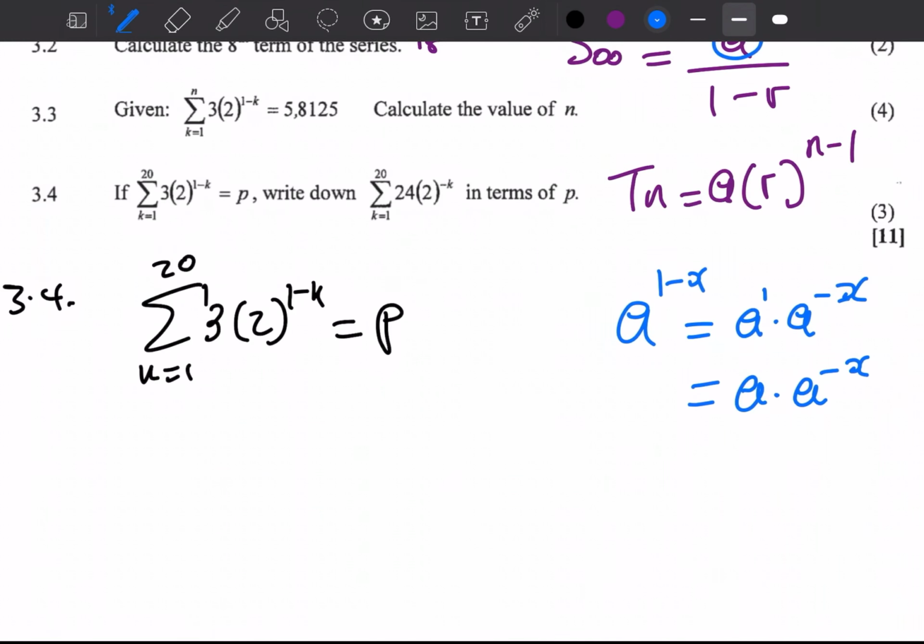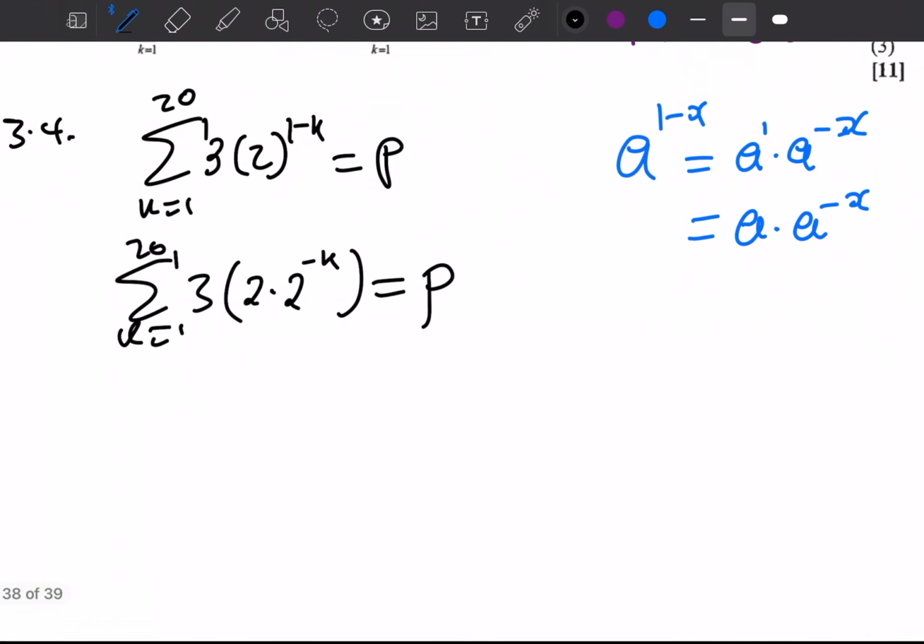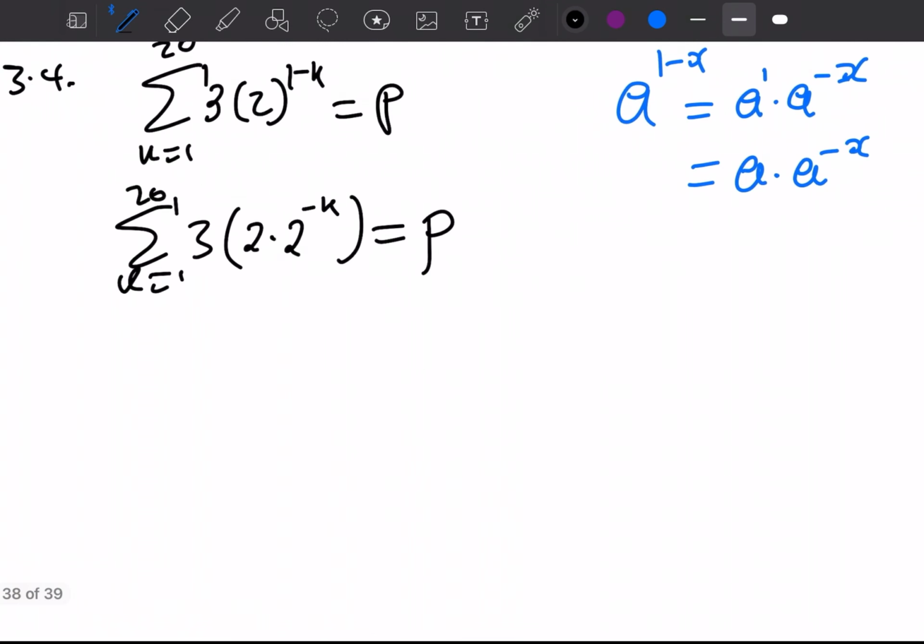So this can be written as 3 times 2 power negative k. Make sense? Okay, cool. Now we can literally multiply 3 times 2, which is going to give us 6 times 2 power negative k is equal to p.